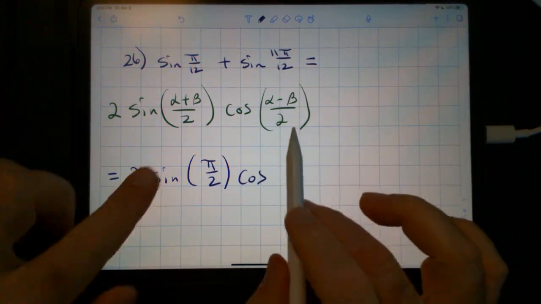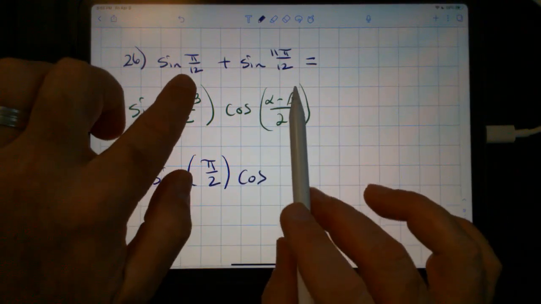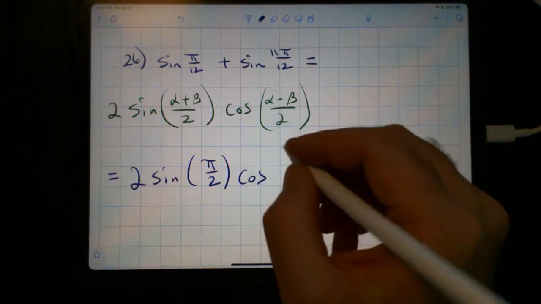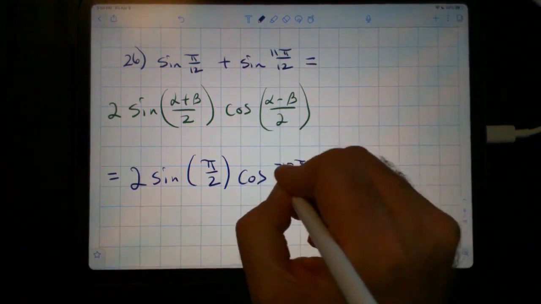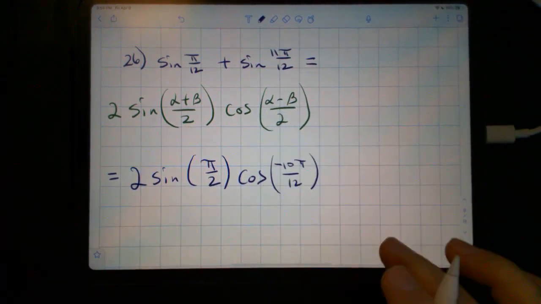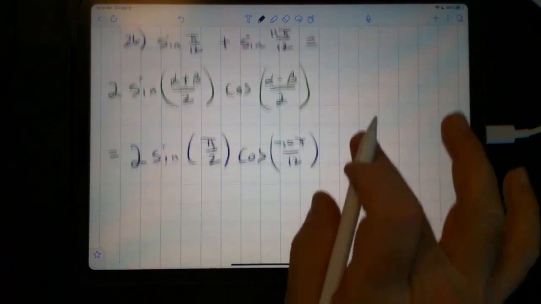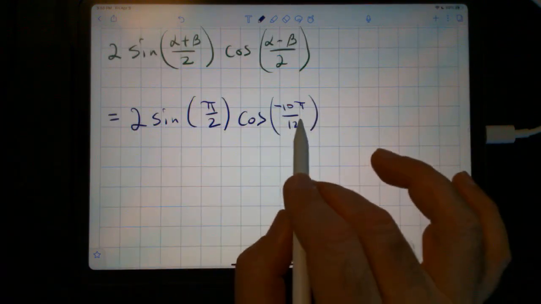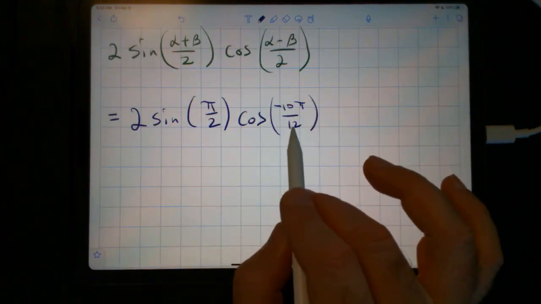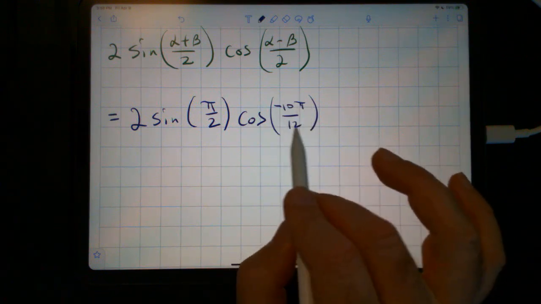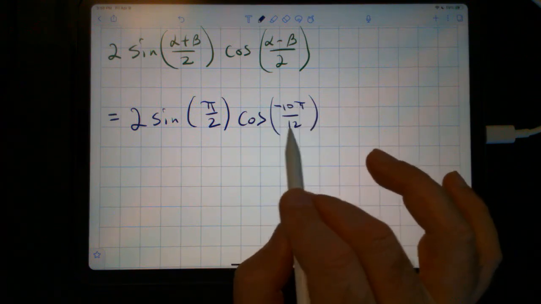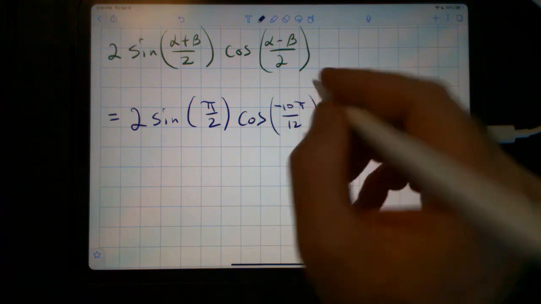Times cosine of their difference, and so 1 minus 11 is negative 10 pi over 12. Sine of pi over 2 is 1, and since cosine is an even function, that turns this into a positive 10 pi over 12, which is 5 pi over 6.